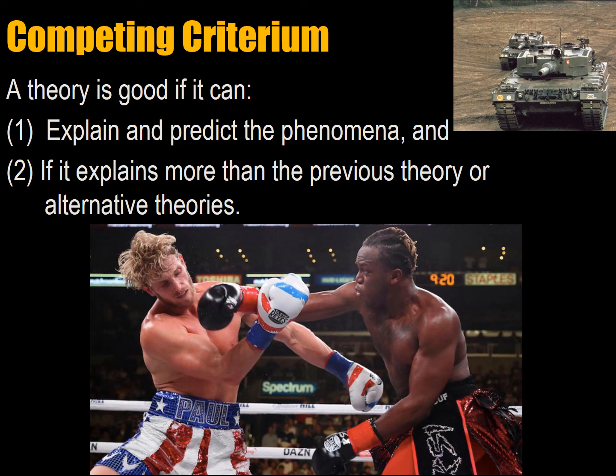And we see that alliance patterns play a role in 90% of wars that occur, and only in 10% were wars caused by other causes. So it seems that alliances explain more and predict more than arms manufacturing. So the theory of alliances is a better theory according to the competing criterion. It explains more. Here you can see a German Leopard 2 tank.